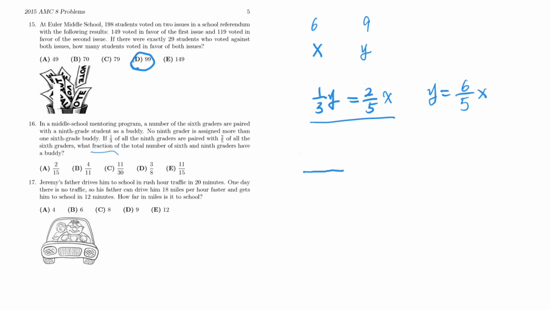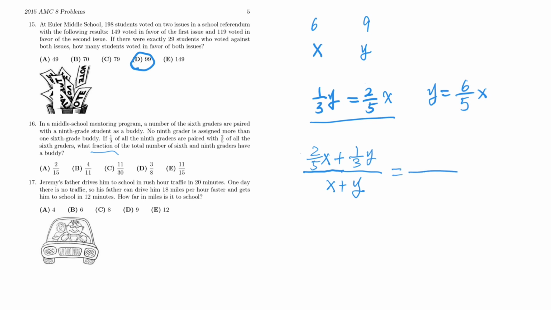So, the students who have a buddy: grade 6, that's 2/5 X, plus grade 9, that's 1/3 of Y, that's the total number of students who have a buddy. And the total is X plus Y. X is the 6th graders, Y is the 9th graders.